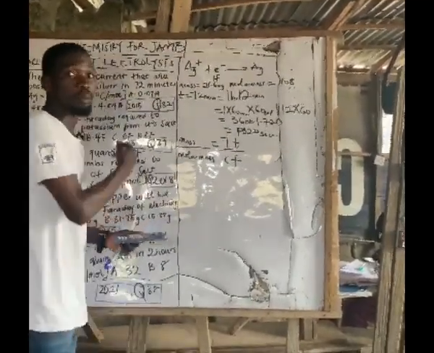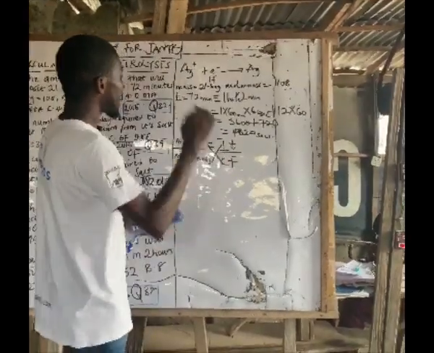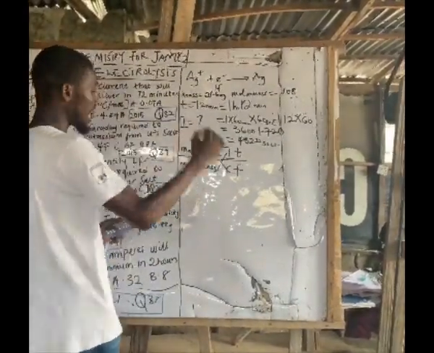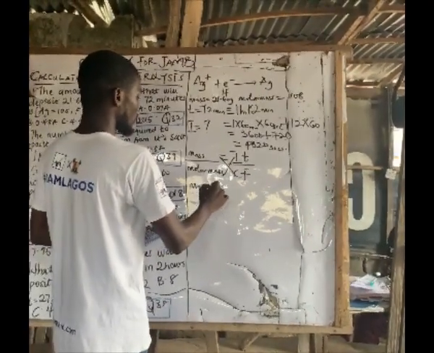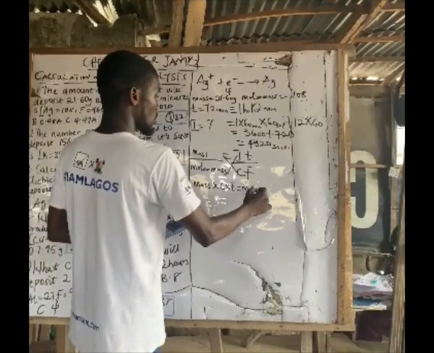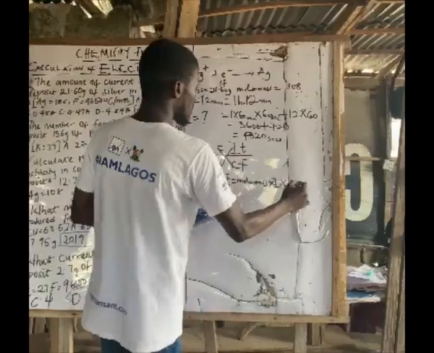Before you input the parameters, I would advise you to cross multiply. And don't forget that we are looking for current in ampere. So I have mass times C times F is equal to molar mass times I times T.